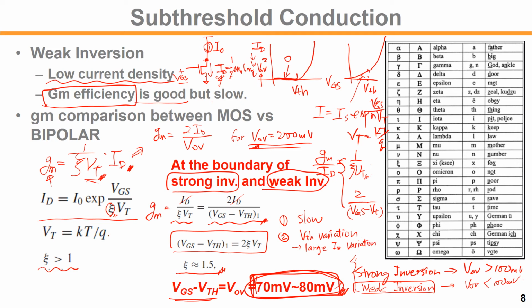To reduce this variation, we have to use an even larger transistor area, because the standard deviation of the VTH variation is proportional to 1 over the square root of W times L. So the variation scales inversely with the device area.